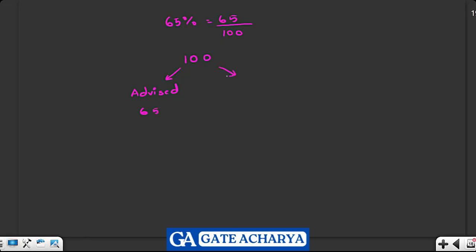How many were not advised? They didn't get this advice. So 100 minus 65 works out to be 35. So 35 didn't get the advice. Now, what another data they are saying is, out of these 100, 3 out of 10. 3 out of 10 means out of 100 it is going to be 30. 30 people attempted to stop.